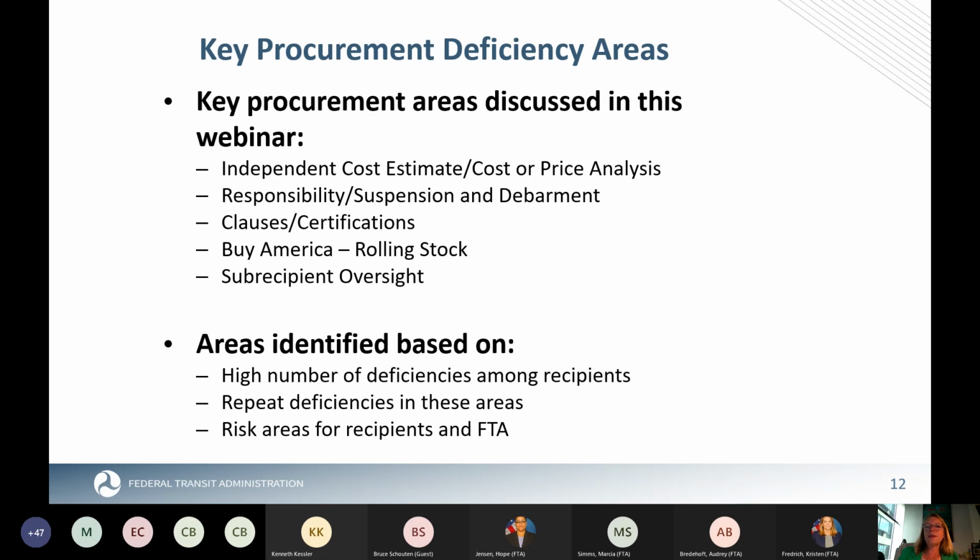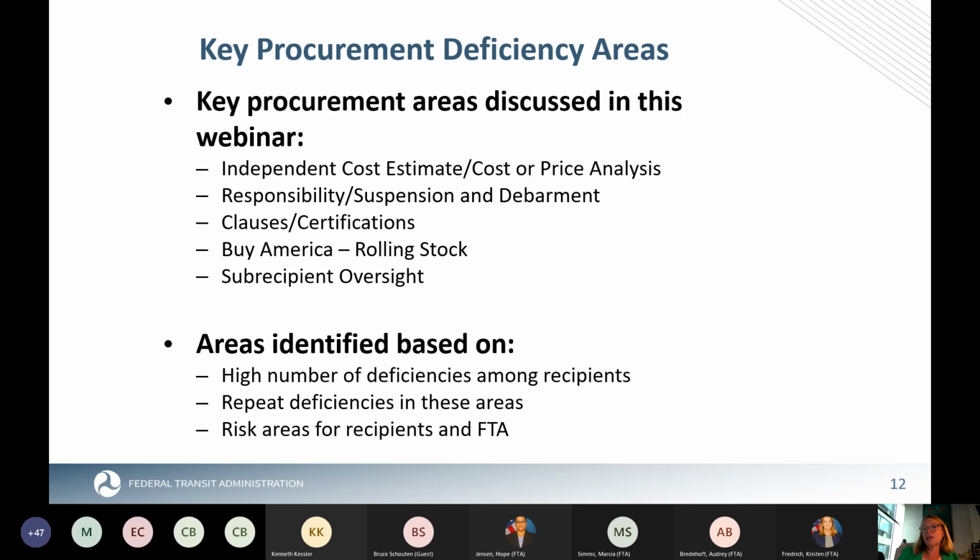So why did FTA pick these 5 areas to focus on? Well, it'll come as no surprise that a number of these are the areas that are yielding the highest numbers of deficiencies. And not just overall number of deficiencies, but as the second bullet says, a high number of repeat deficiencies.